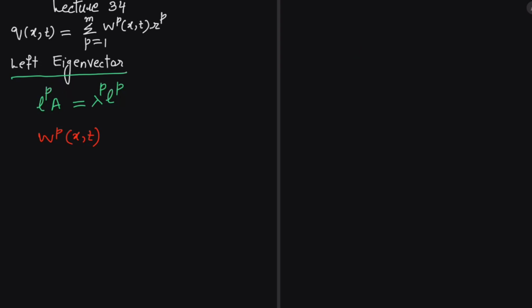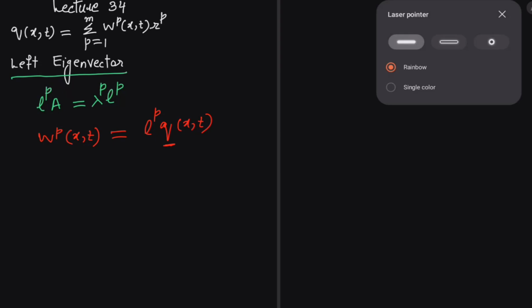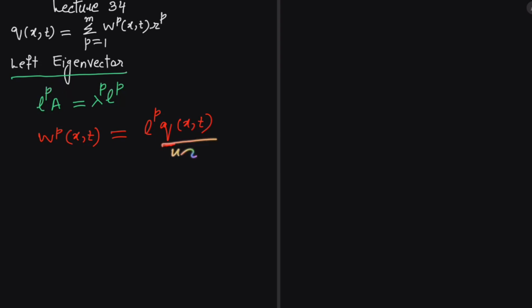And for that, we have a solution w_p(x,t) that will be equal to, for the left eigenvector, l_p multiplied with q(x,t). We have written w in terms of l_p q. But remember that this q is unknown. We cannot keep this q over here.